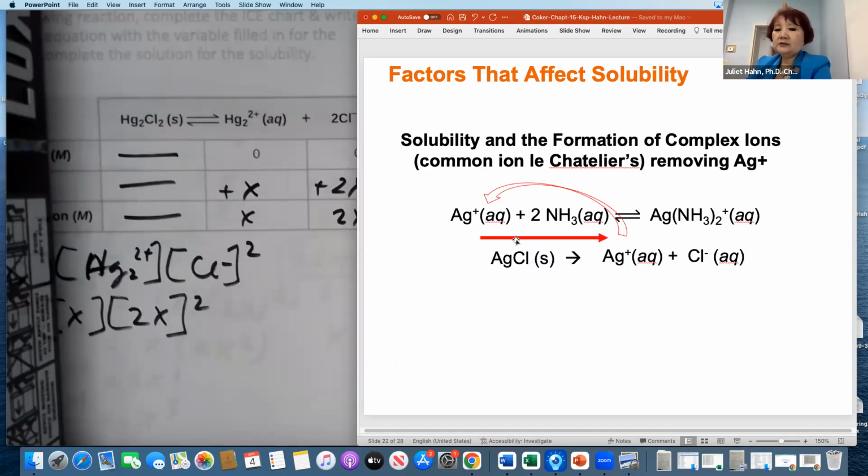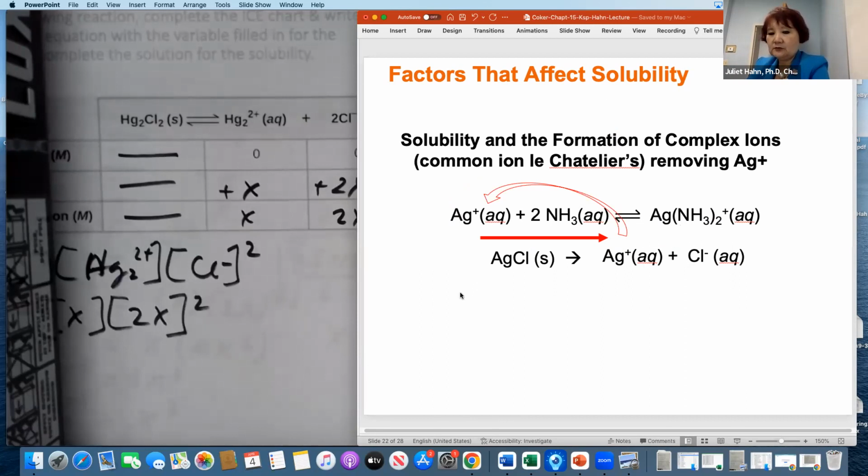Okay, so the complex formation business is, here's silver. Silver forms a complex with ammonia that gives you the silver ammonia complex, which is soluble. And of course, if you remove silver, it's the same as removing this, so it drives the reaction forward because you're removing the silver.